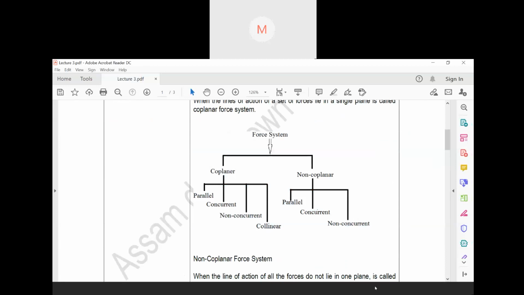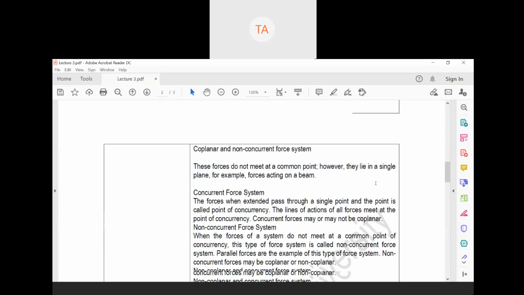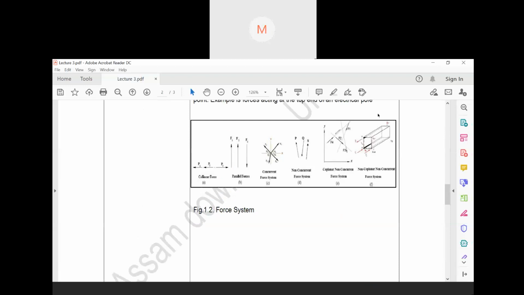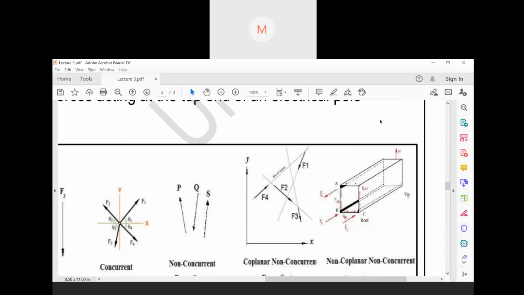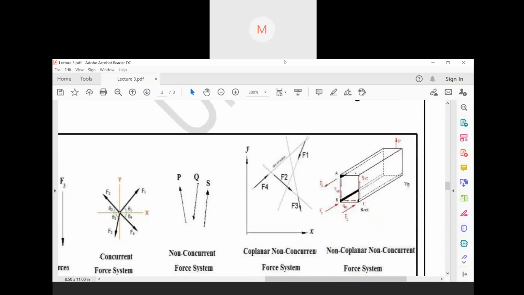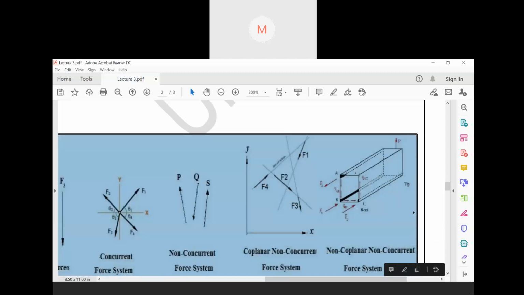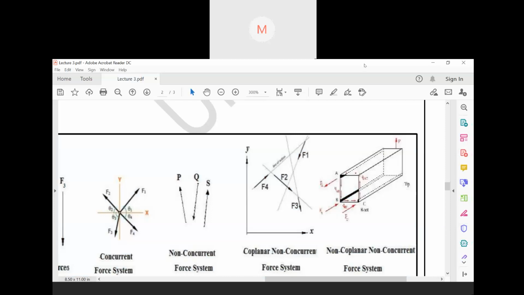Which one? Non-concurrent force. Okay, listen. Non-coplanar and non-concurrent. You are looking at this diagram. So here, look.